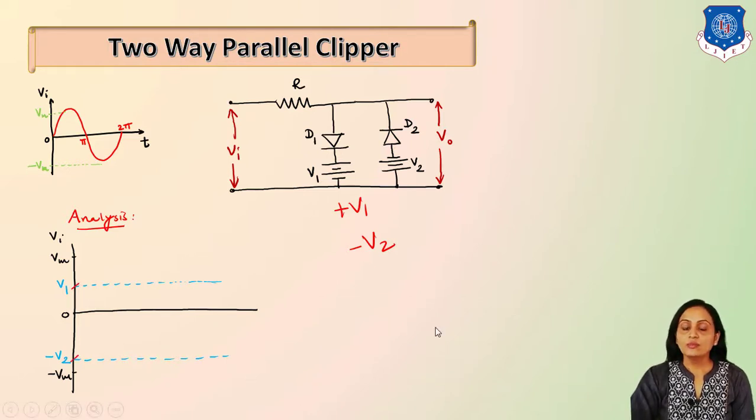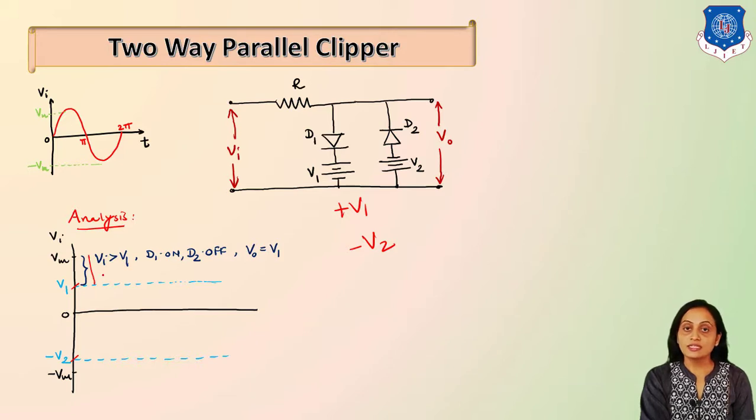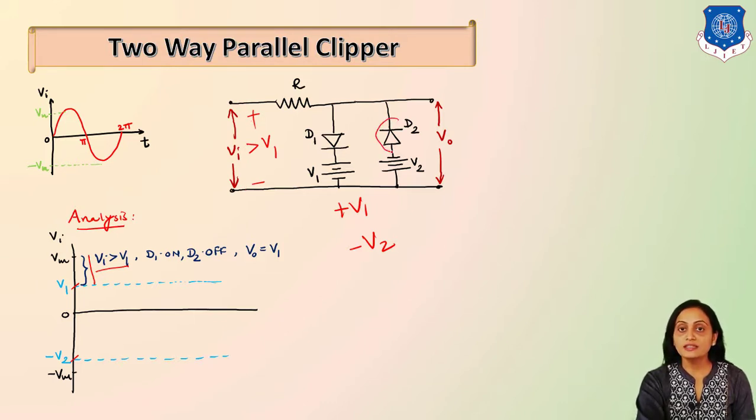Now we will plot for the first range, that is, the input voltage is greater than V1. If the input voltage is greater than V1, then what happens? Just look at this. The input is positive, and due to that we can say diode D2 is completely in reverse bias, because this positive plus terminal is connected towards the cathode of D2. And for diode D1, on the cathode terminal we have V1, and on the anode terminal we have a voltage which is greater than V1.